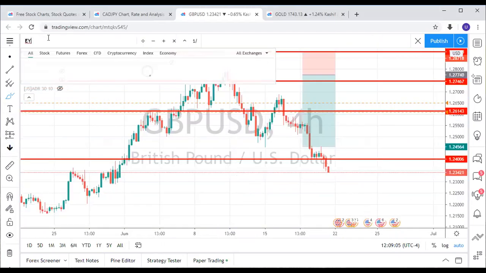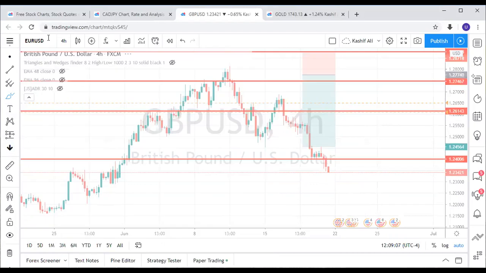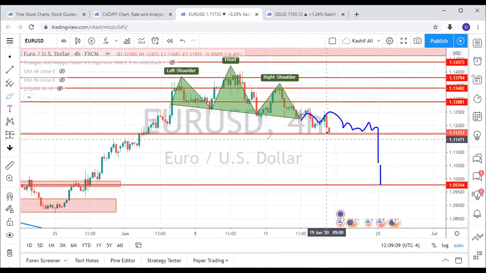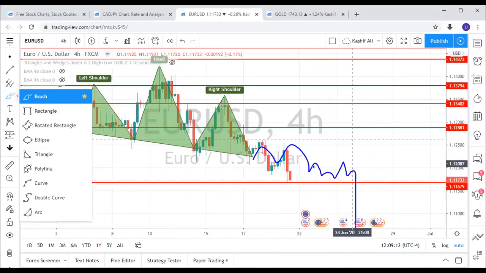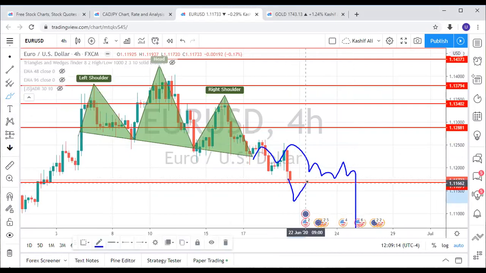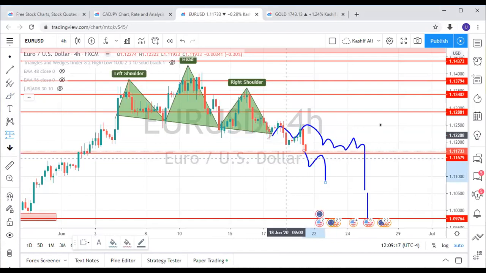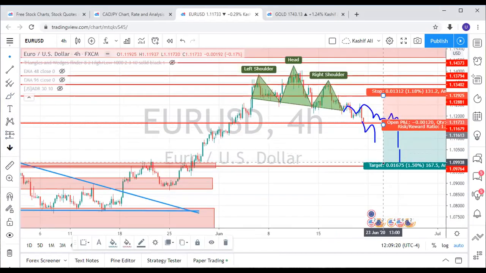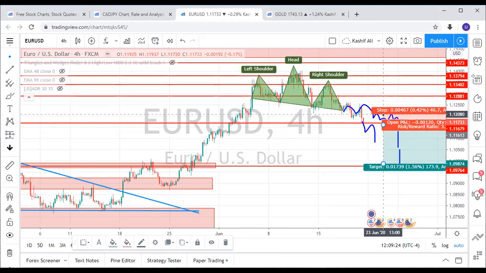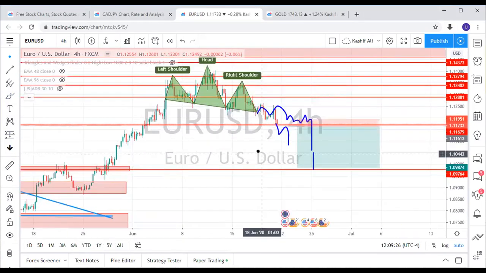Or I will not take a trade, unless the market comes down and retests this level, then I will enter, and it will be like this here. So it will be a nice trade.